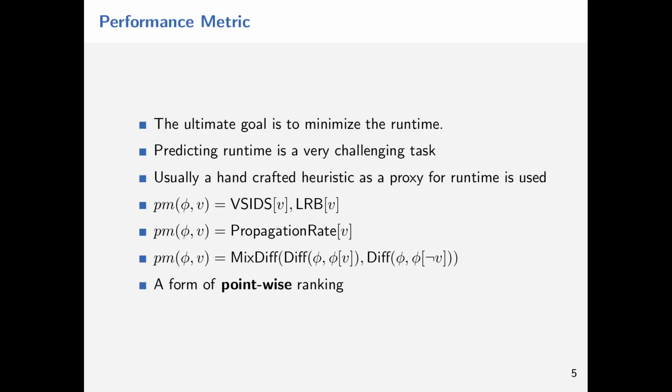In a pointwise ranking, each item in a list to be ranked is assigned a score, and the list is sorted according to that score. So all of these methods are some sort of ranking assignment to variables using pointwise ranking.